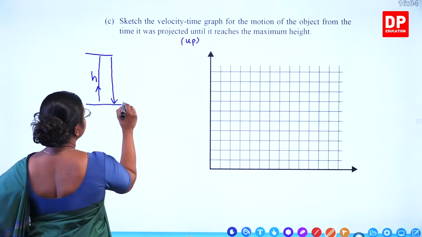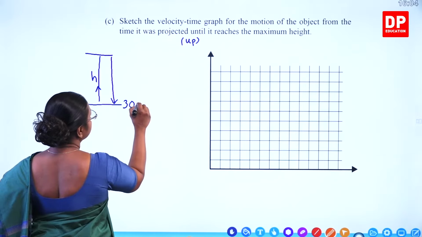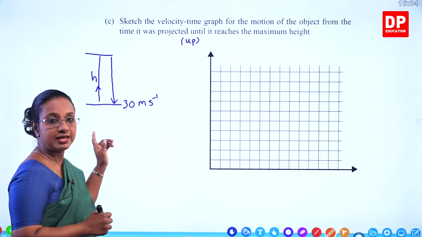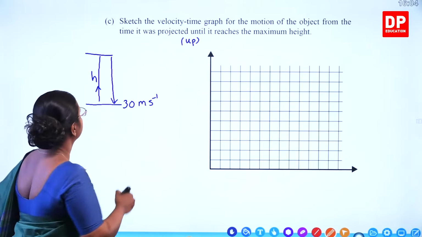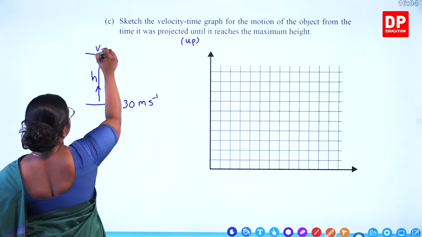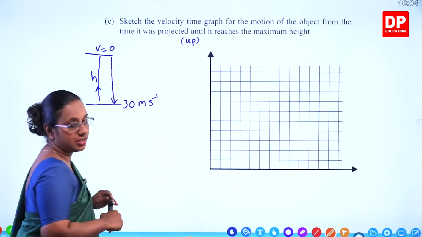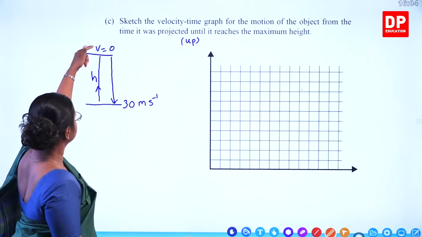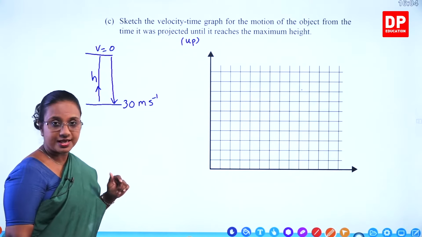Both ways, the velocity at this point is going to be 30 meters per second as given in the question. And here the velocity is going to be 0. Time taken for the object to reach the maximum height was 3 seconds.